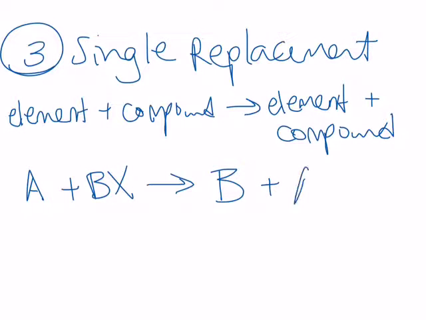And A was the free element, so it's going to be in the compound. So all you really did was A and B, one single set of elements, got replaced by one another. Single replacement.